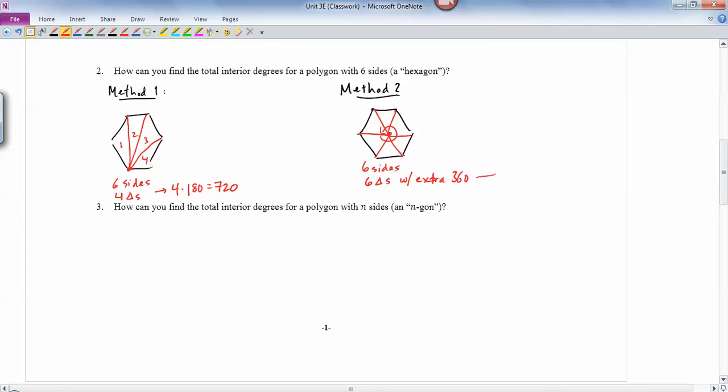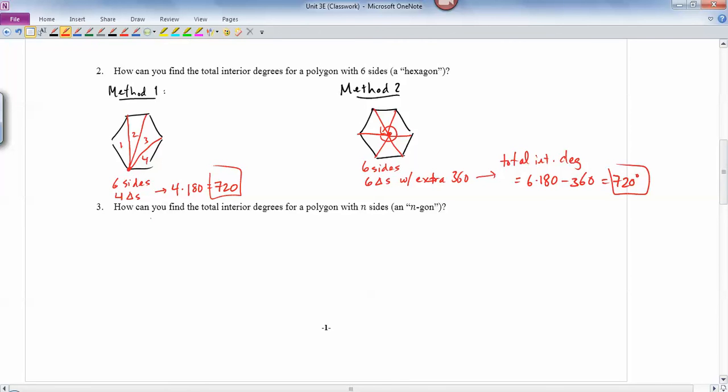So then this one, the total interior degrees, would be equal to 6 triangles, that's 6 times 180, minus that extra 360 in the middle. And if you work that out, you'll also get 720 degrees, either way.